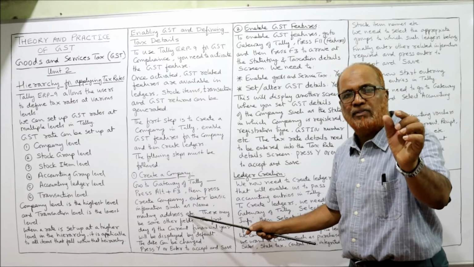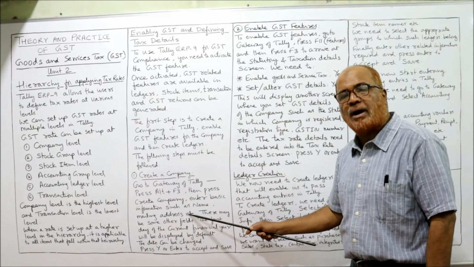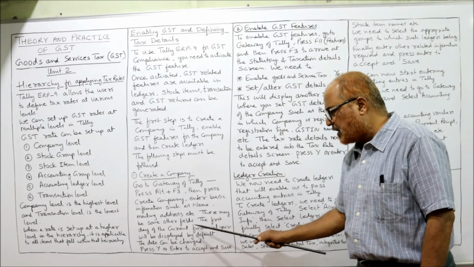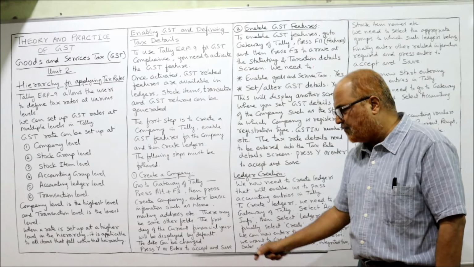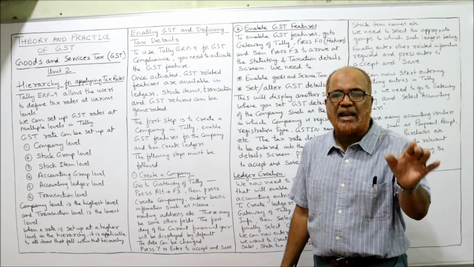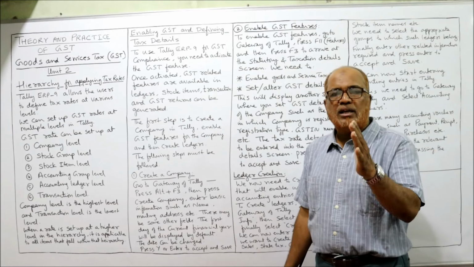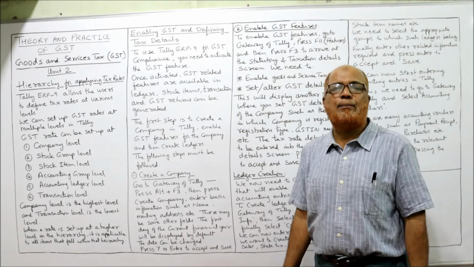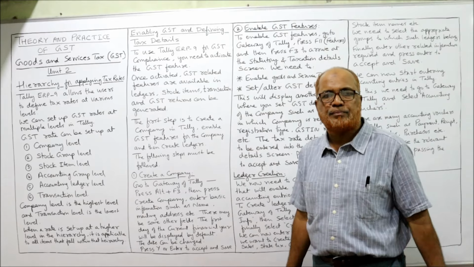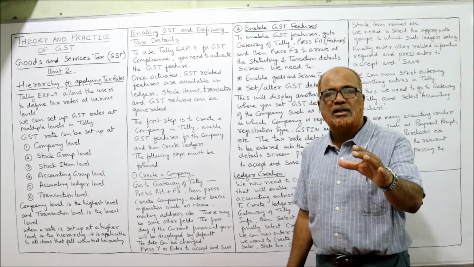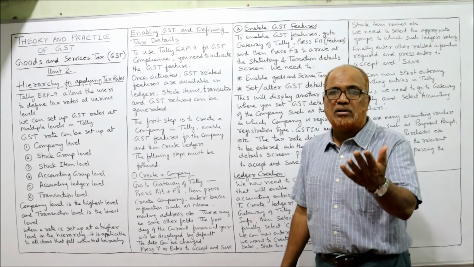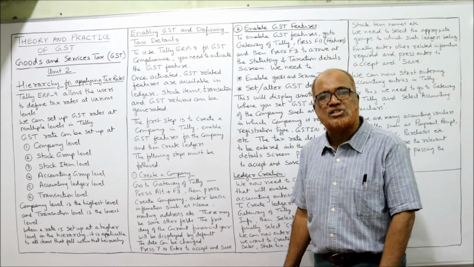The main fields are the name of the company and the mailing address. Apart from that, there may be some other fields. The first day of the current financial year will be displayed by default. The financial year begins from 1st April and ends on 31st March next year, so the date will be displayed as 1st April by default.